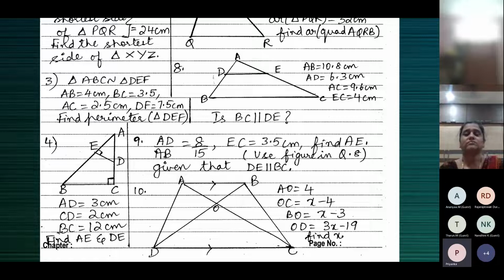And then for DB, it's AB minus AD, ma'am. So it's 4.5. And for AE, it's 5.6, ma'am. So AD by DB is 6.3 by 4.5, and then I've got it as 7 by 5. Yeah, go on.